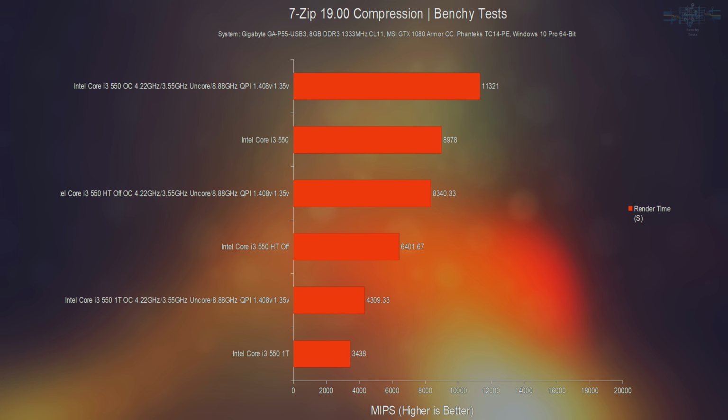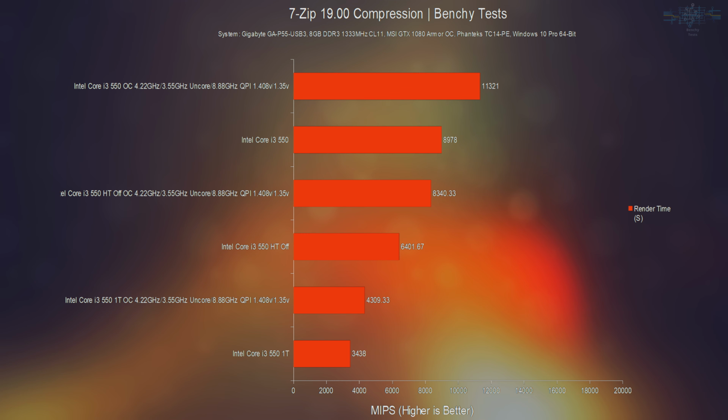The overclock though sees a 26.1% increase in score to 11,321 MIPS for the i3 550. With hyperthreading disabled, the overclock boosts the score by 30.28% over stock to 8,340.33 MIPS, which is 7.1% down on the stock clocked 2-core 4-thread version of the i3 550.